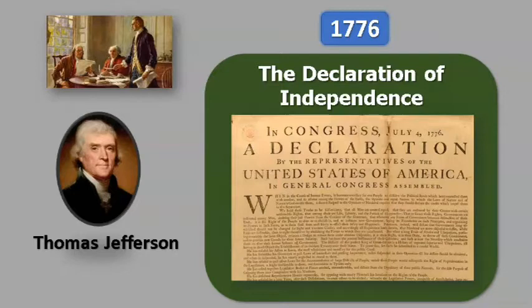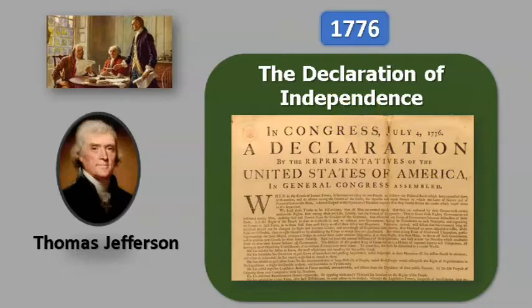So the colonists wrote a major or very important document, the Declaration of Independence. Document is the same as paper. A declaration is a letter for everyone to read. Independence is freedom.